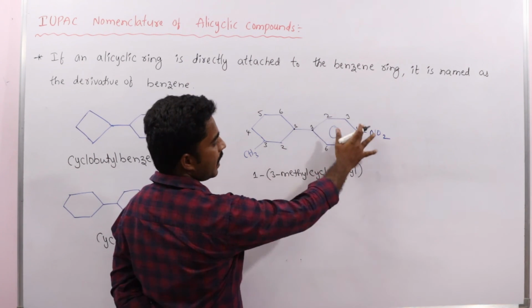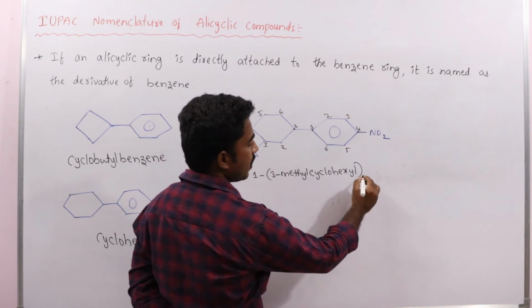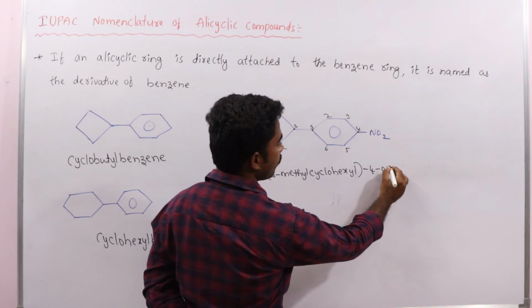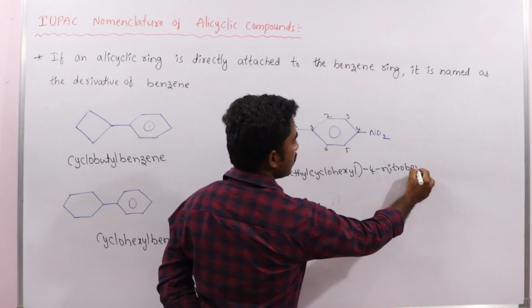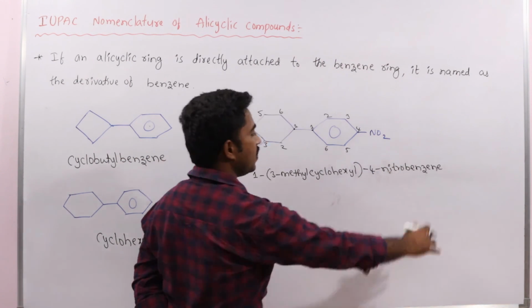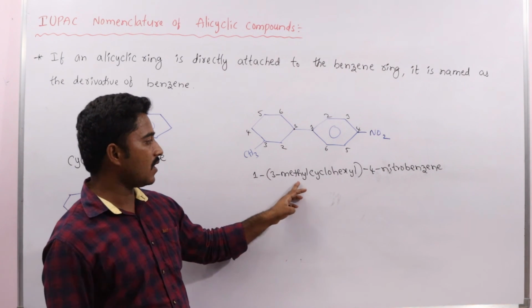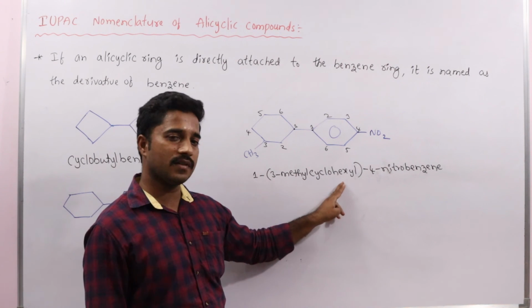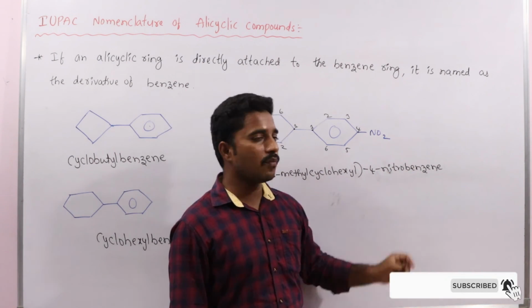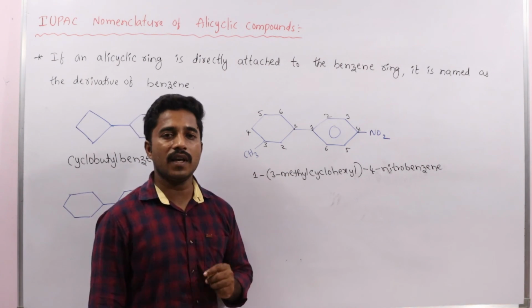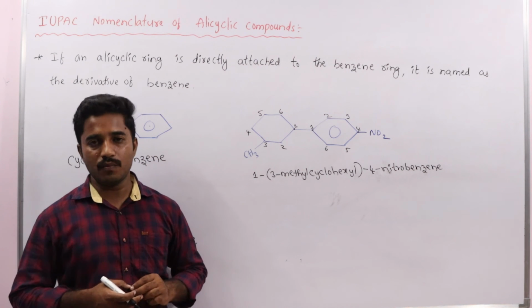Then in the parent compound at the 4th position nitro is there, that's why 4-nitro benzene. The first carbon of the benzene has the 3-methylcyclohexyl substituent, and at the fourth position the nitro substituent is there. The parent compound here is benzene. Okay, clear? So like this we have to give the nomenclature for alicyclic compounds.